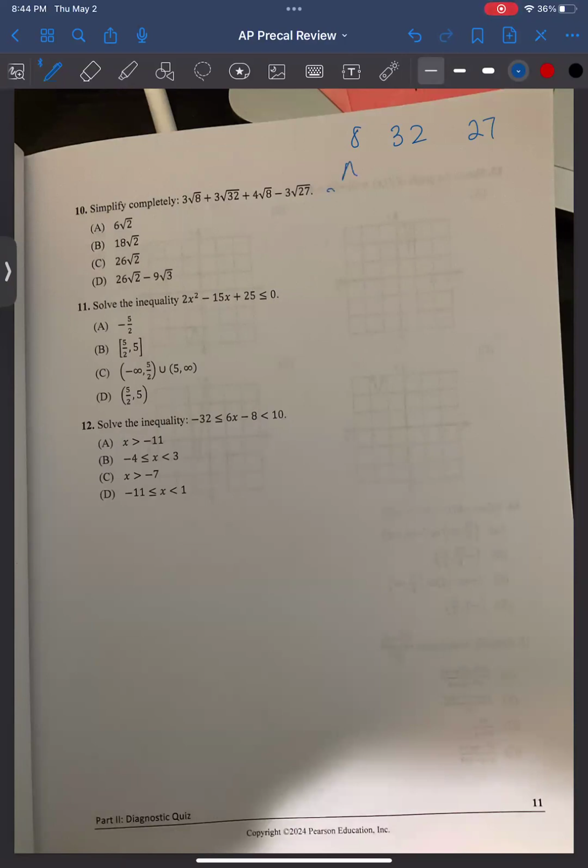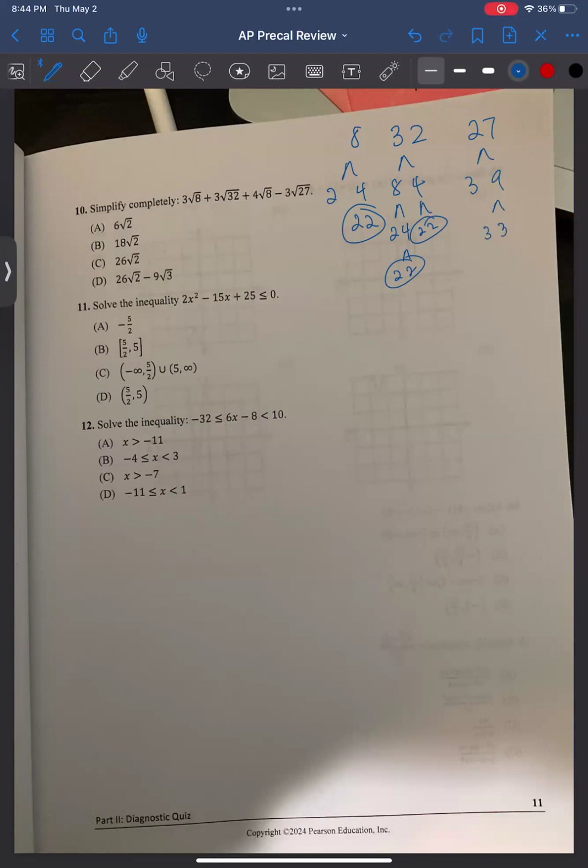So 8 is 2 times 4, and 2 and 2. What about factors of 32? Give me a factor of 32. 8 times 4. And then 2, 2, 2, 2, 2. Plus 2, 2. And then 27 is 3 and 9, 3 and 3.